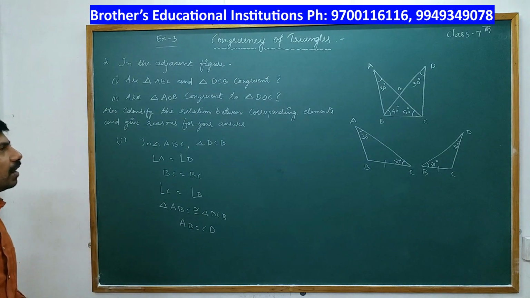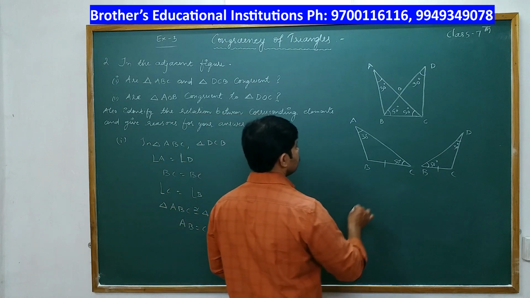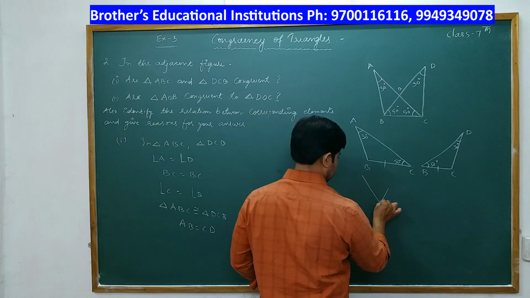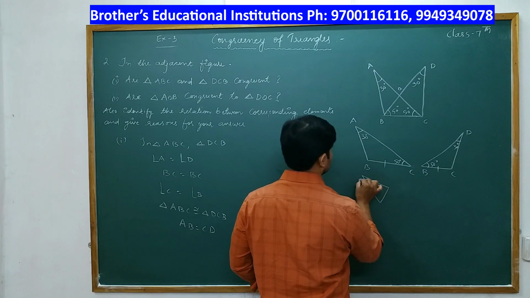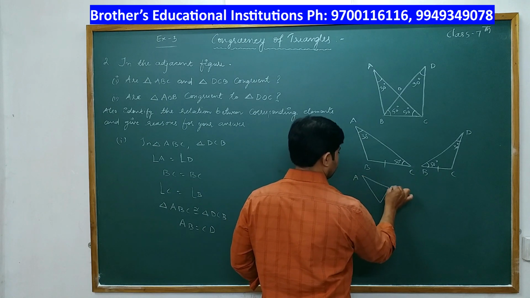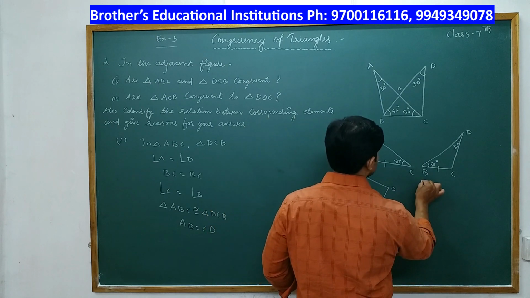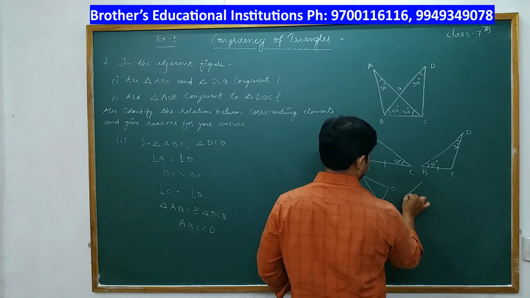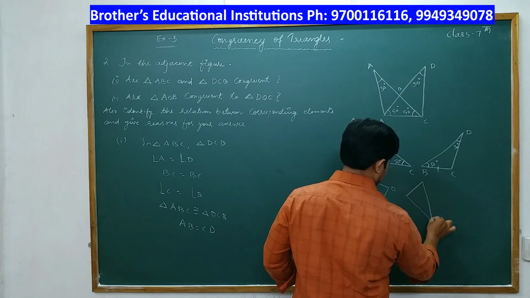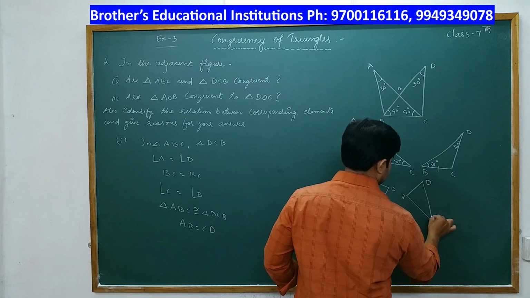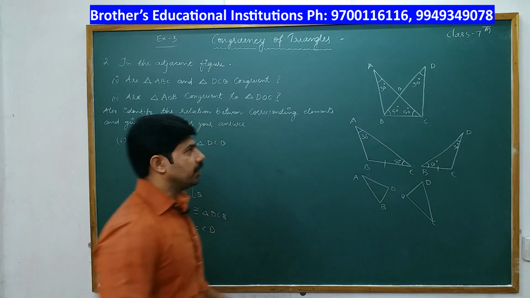In the next one we have triangle AOB and triangle DOC. So we draw those. AOB is one triangle and DOC is one more triangle we have.